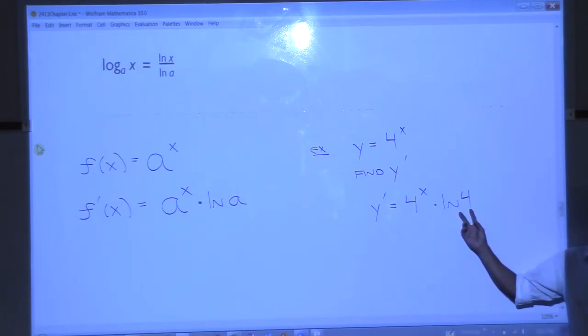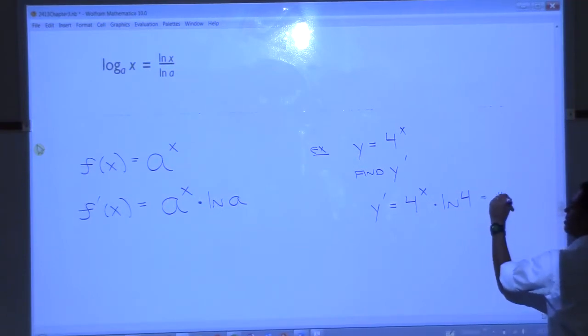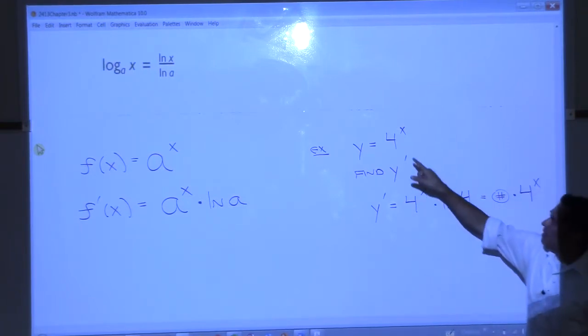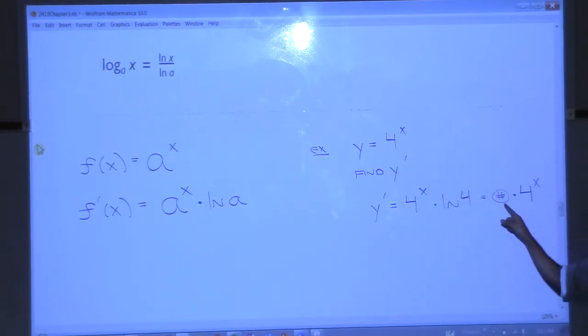So what we're really doing is taking some number and multiplying it times 4 to the x. Agreed? So we're saying that the derivative of 4 to the x is itself, but it's been scaled. Scaling it is either going to stretch it out or shrink it, right? So it's almost itself, but it's been stretched or compressed by that amount.